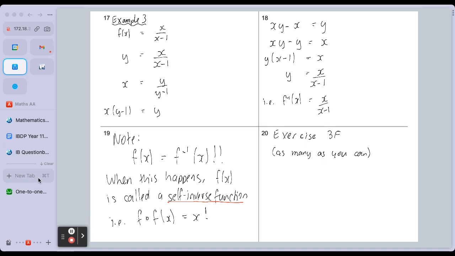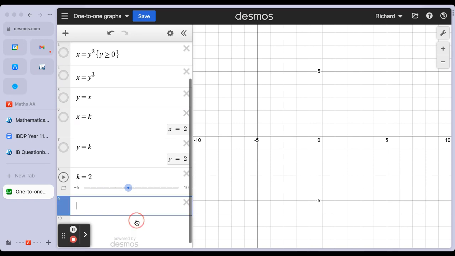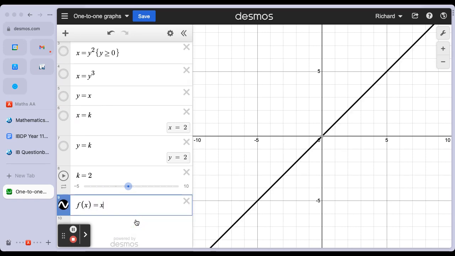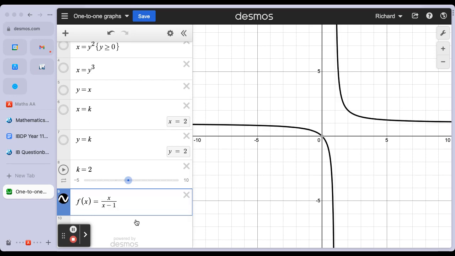I've got no real way of showing you this easily, but if I just quickly turn off these ones and put in, this is what f of x equals x over x minus 1 looks like.